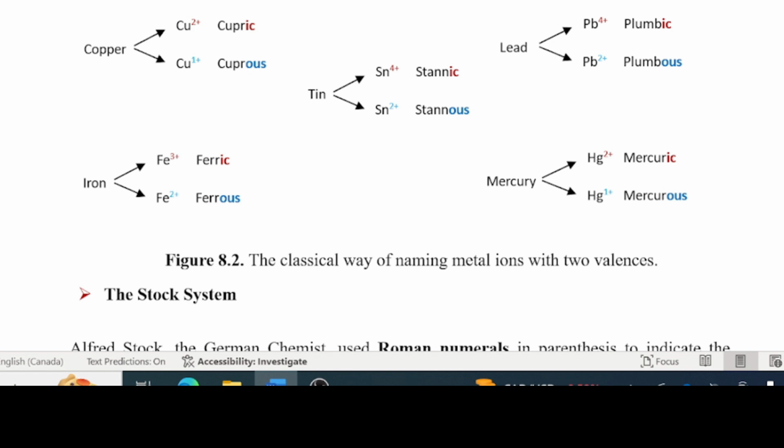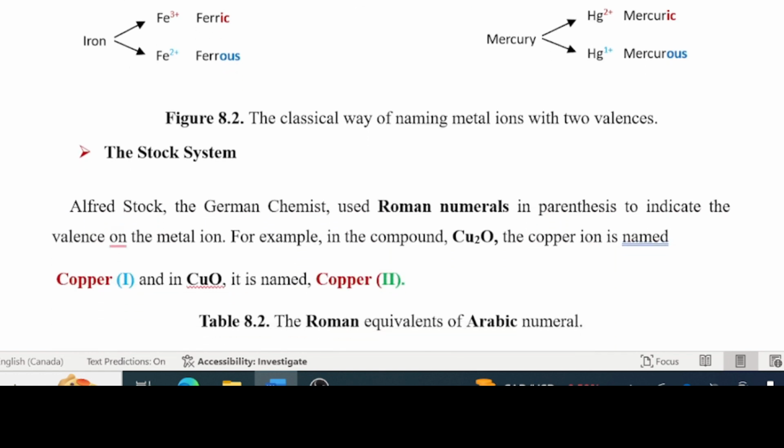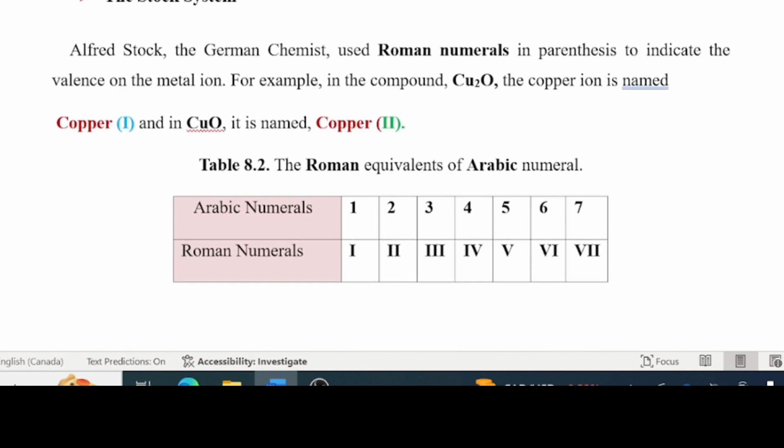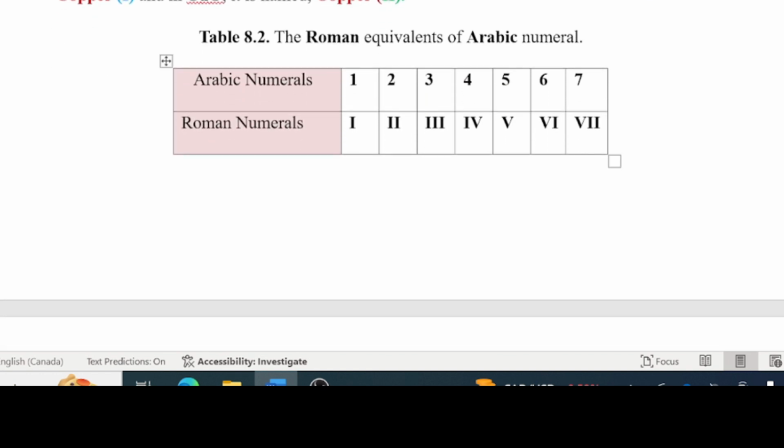So the one with the higher valence ends with the suffix "ik," and the one with the lower valence ends with the suffix "us." However, in the classical system, it will not be applicable when you're having metals with more than two valencies. So before we go to that, let's look at how you know what Roman numerals correspond to the Arabic numerals.